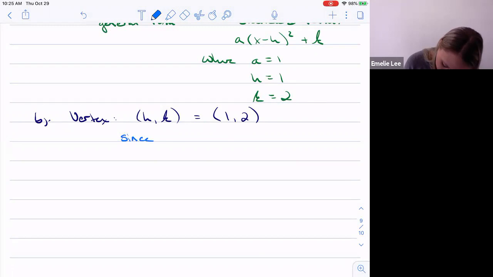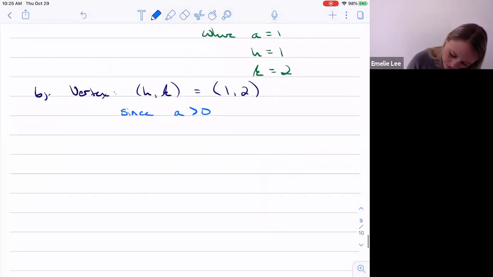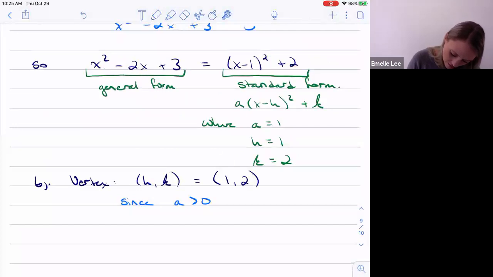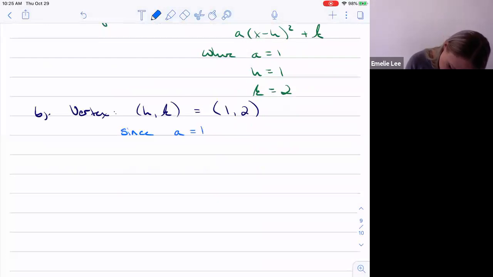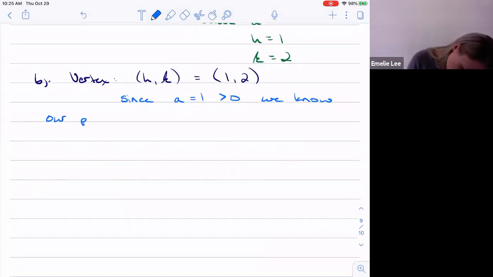Since a equals 1 is greater than 0, we know our parabola is facing up.